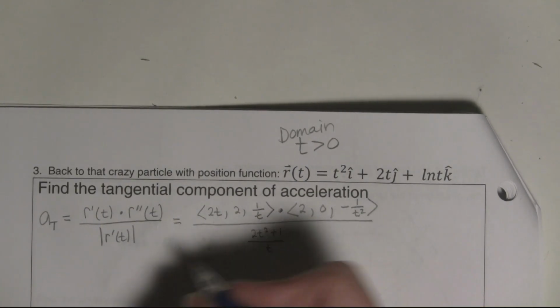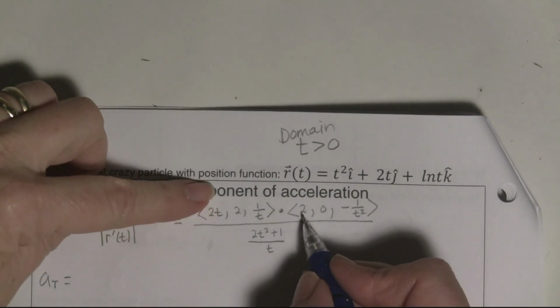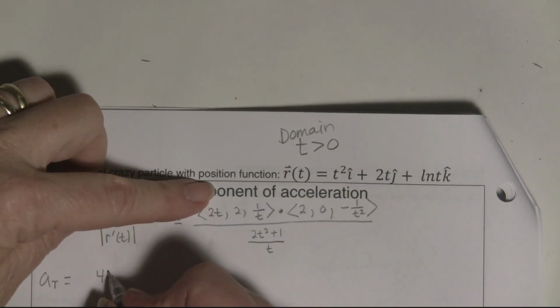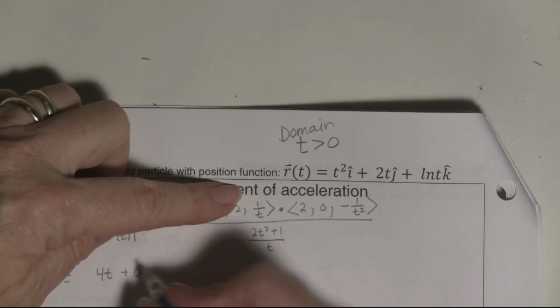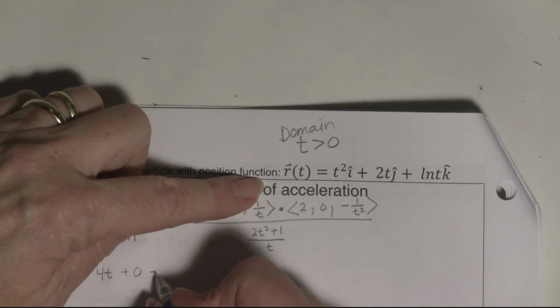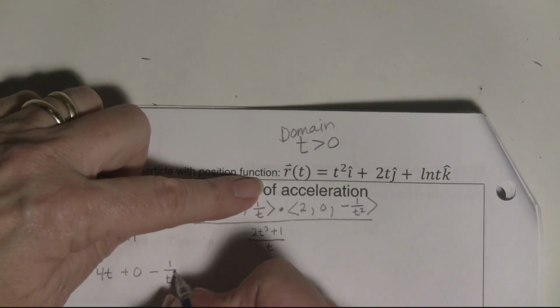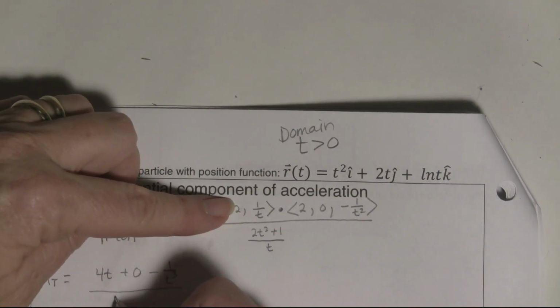So when I do the dot product and multiply those together, I get 4t. I multiply these together and I get 0. I multiply these together and I get negative 1 over t to the third, all divided by this.